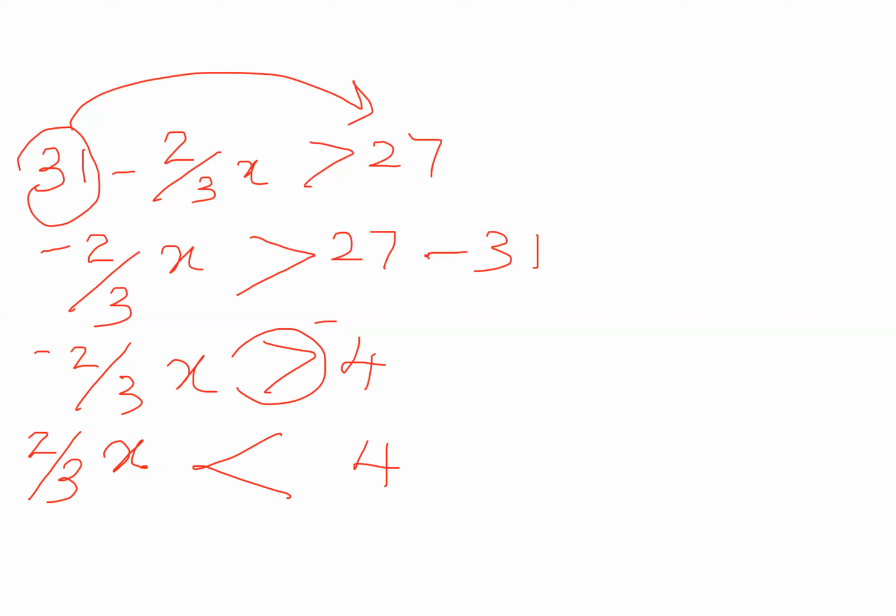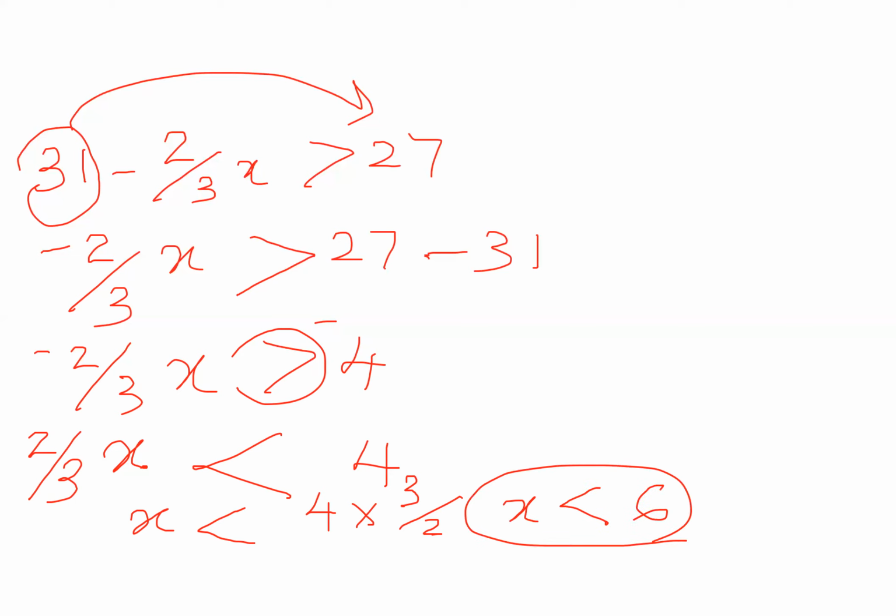Otherwise it's incorrect. So further now you can write x, right? This 2 over 3 when you bring to the other side, you know it goes up, no? 3 times 4 is 12, divided by 2, that means x less than 6, right?